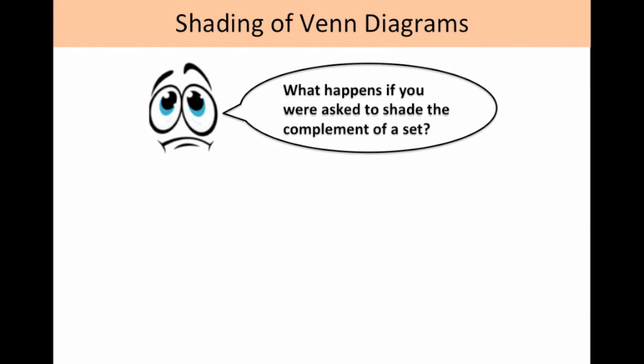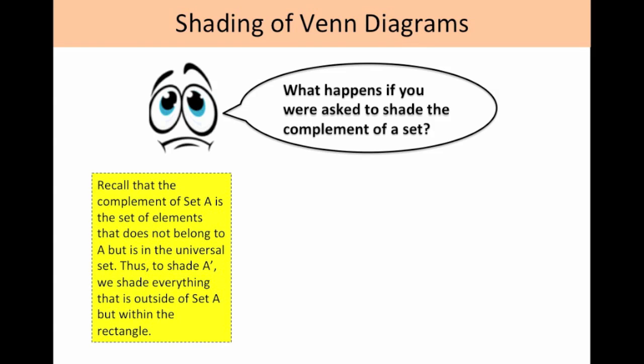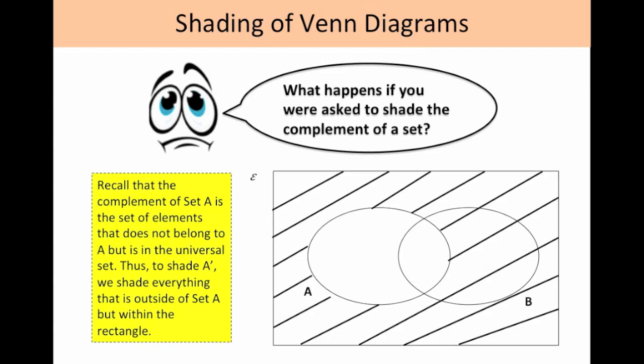Now, let us consider how we can shade the complement of a set. Recall that the complement of set A is the set of elements that do not belong to A, but are still in the universal set. Thus, to shade A complement, we shade everything that is outside of set A, but is still within the rectangle. And in this case, this is how A complement looks like.